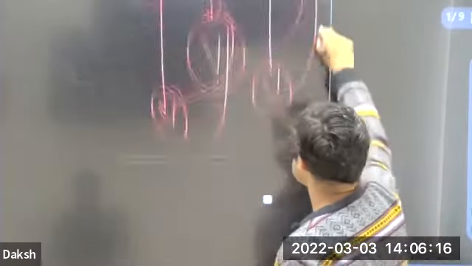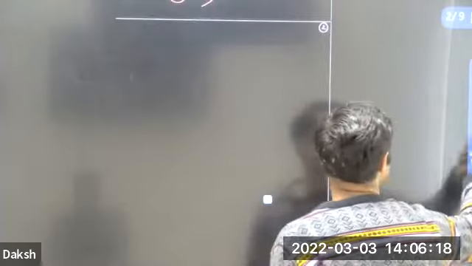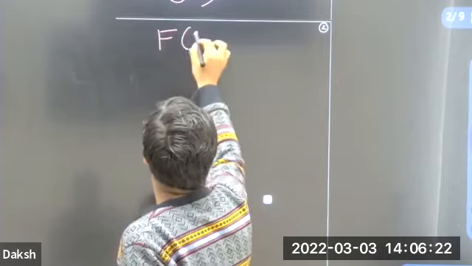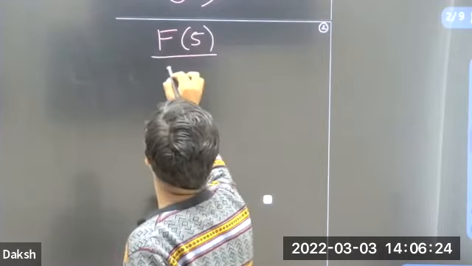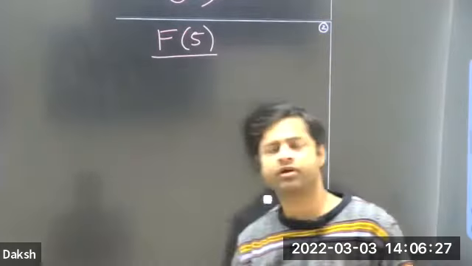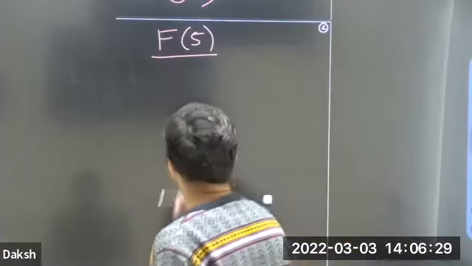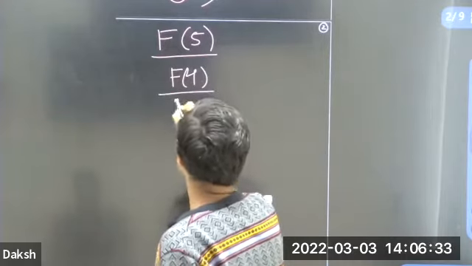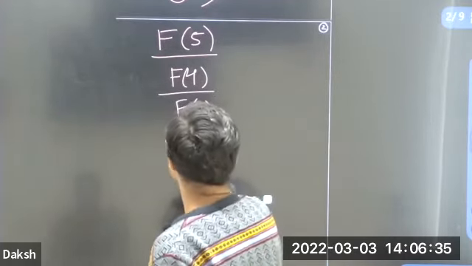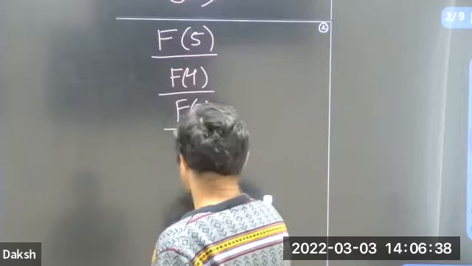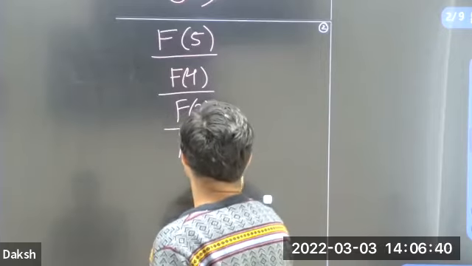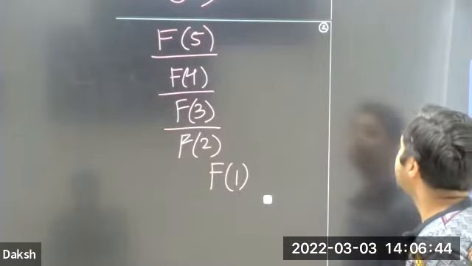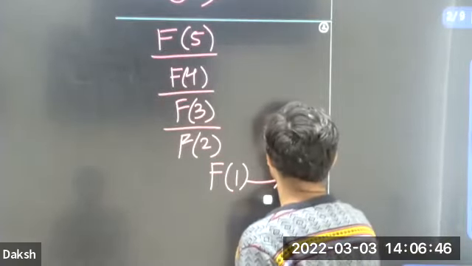So if I say factorial 5, you don't know the value. You will say, you give me factorial 4. Then I say factorial 3, even you don't know. Factorial 2, we don't know. Then we get factorial 1, and now you say that this value is equal to 1.